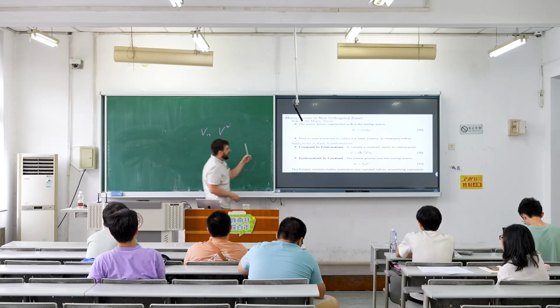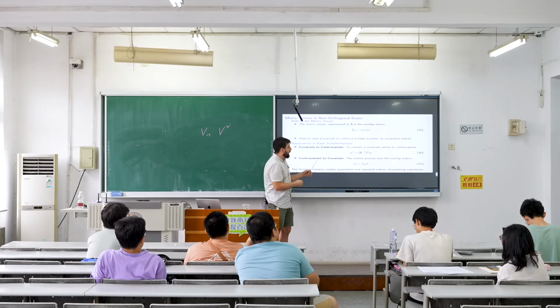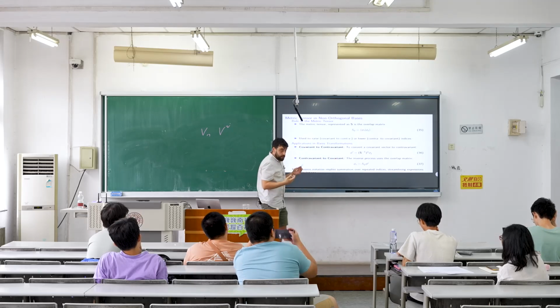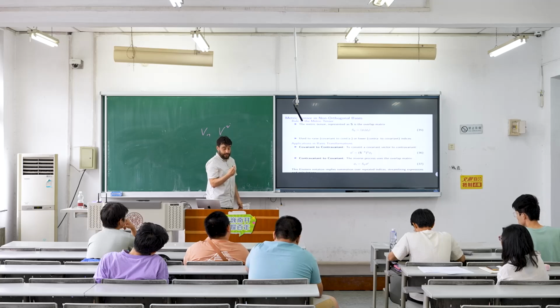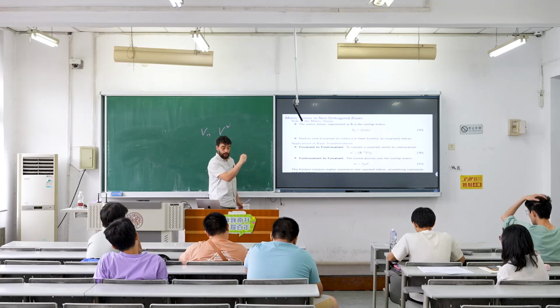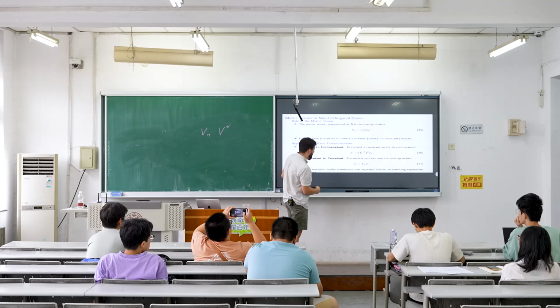So the metric tensor. The metric tensor is the overlap matrix. What is the metric tensor? In tensors, the metric tensor is the tensor which transforms from a covariant to a contravariant vector.